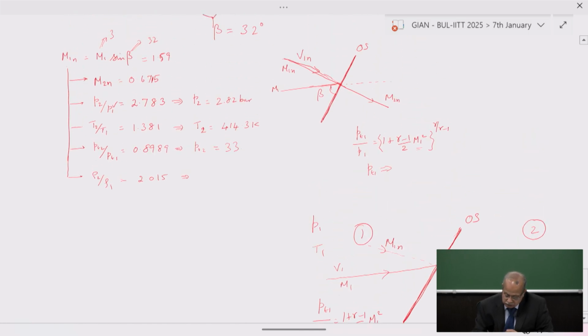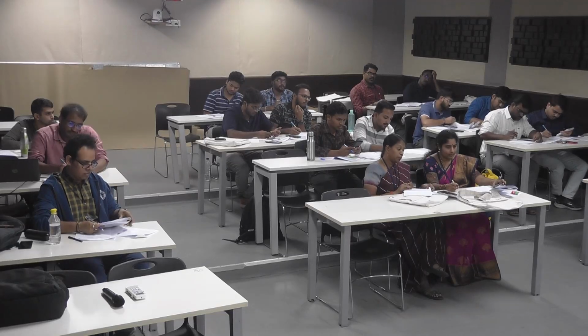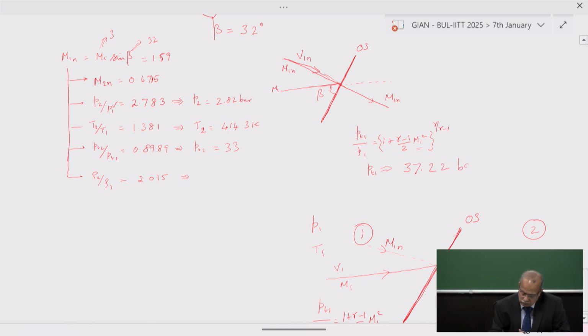So what is the value? Instead of using this relation at Mach number 3, we can use this PT by P1. You can check that value, what value you get. That is 7.2 bar.